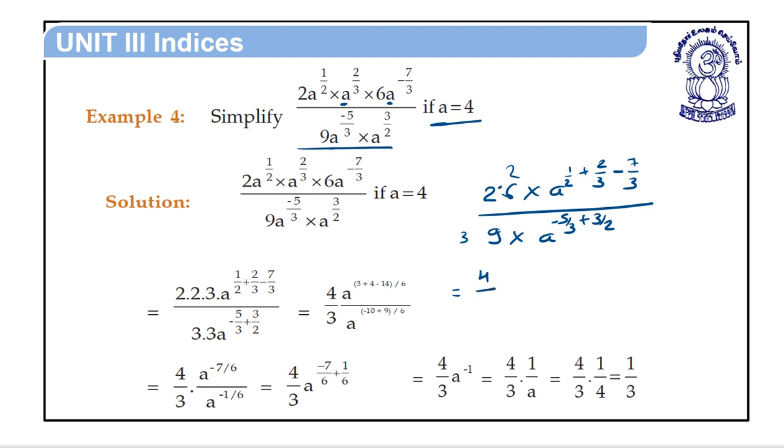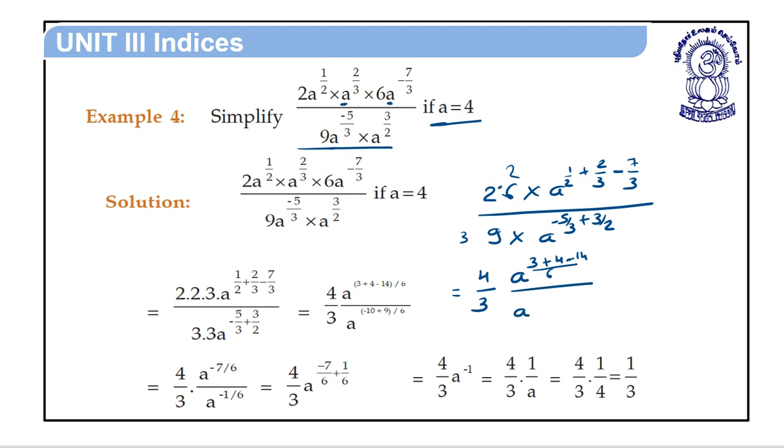So 4 by 3 a raised to 3 plus 4 minus 14 by 6.